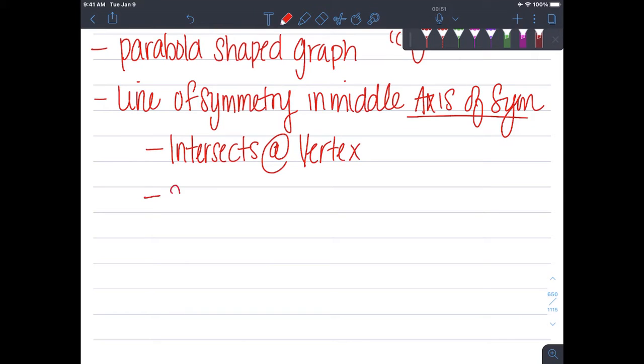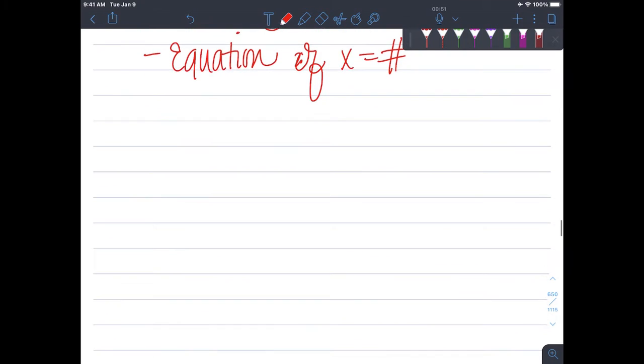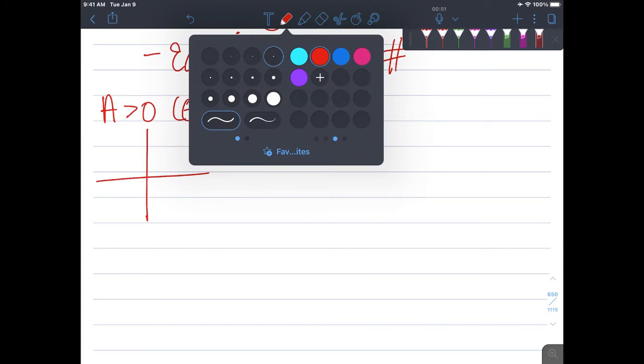It also has an equation of x equals whatever the number is for the x value in that particular vertex. So let's talk a little bit more in detail about this. If a is a positive number, my graph is going to look like this.